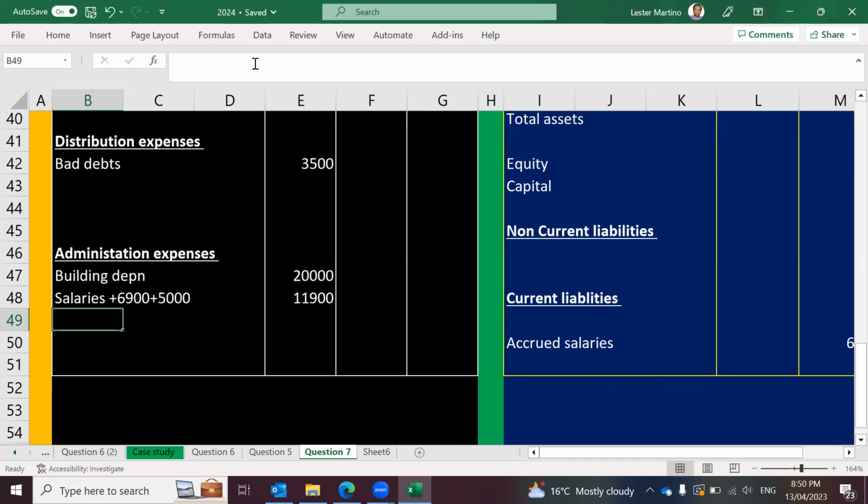So trial balance value plus the new bad debts amount altogether. And then in the SOFP, debtors minus bad debts, you will put it in the net debtors in the statement of financial position. Last one, accrued expenses, that goes to the current liabilities, and you add that amount to the amount recorded in the trial balance.